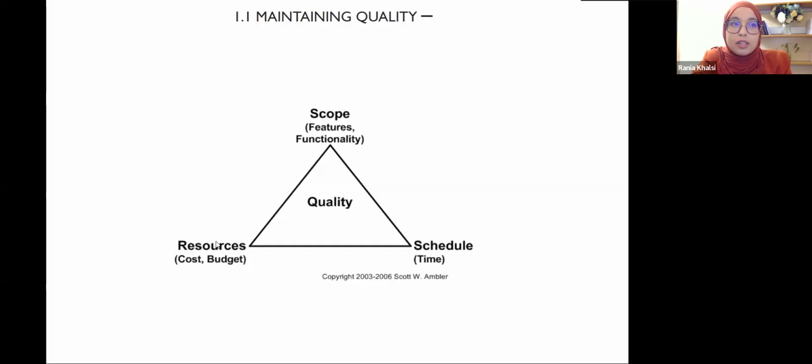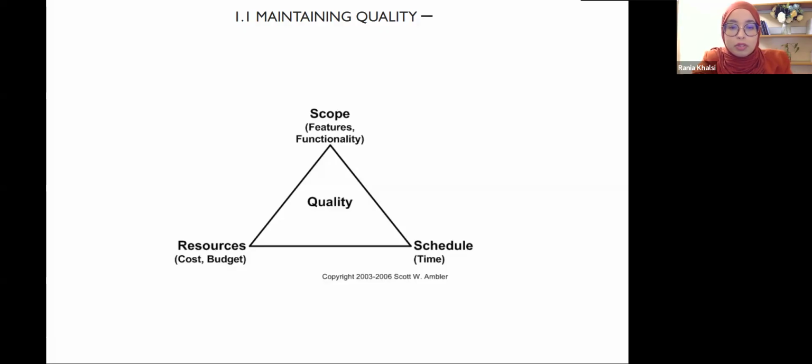You don't think that with only 2 programmers you can reach that quality if your project needs more. So it depends on mapping the resources to your needs, and this is very important to ensure quality. The last point is the schedule or time. We have to deliver everything and meet the deadline.